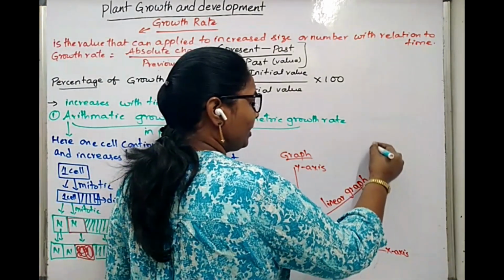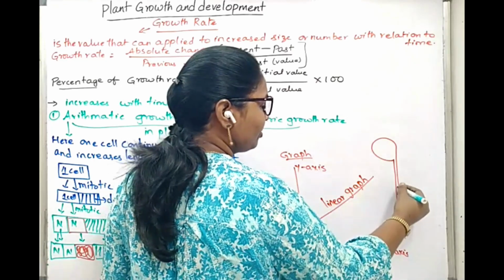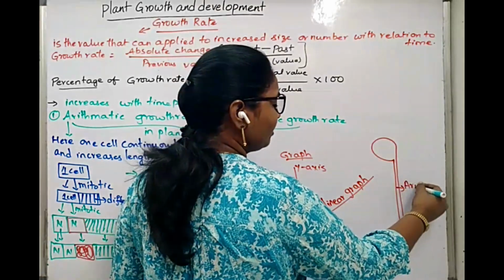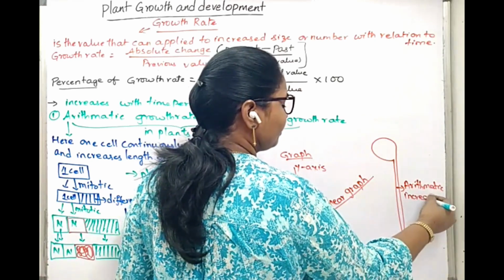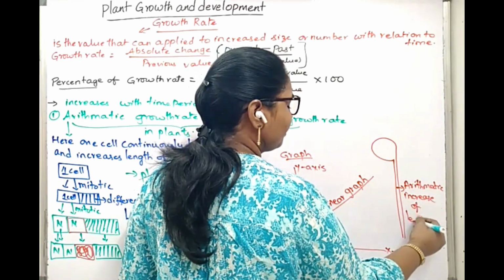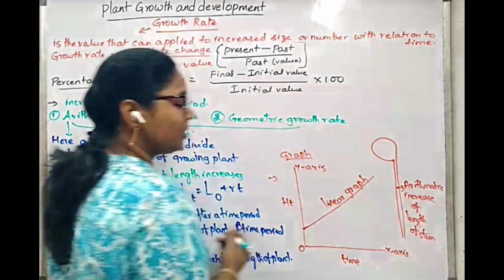In some books you might see the germinating seed showing the elongated stem like this. So this indicates arithmetic growth rate in case of a germinating seed.